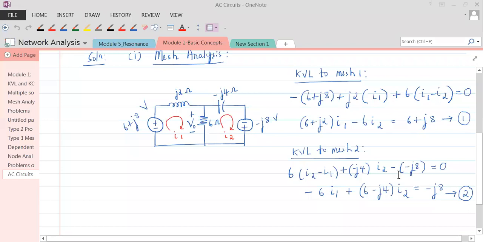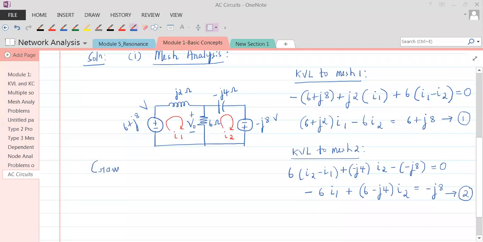So to solve this, we have to go with something called Cramer's rule. And I very well know you all are aware of this. What is Cramer's rule? You will understand as and when we go with the things. So what we should say is solve 1 and 2 by Cramer's rule.